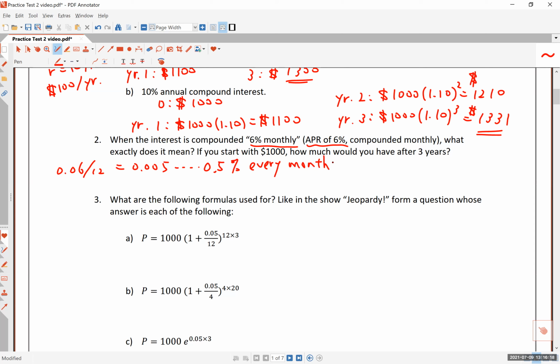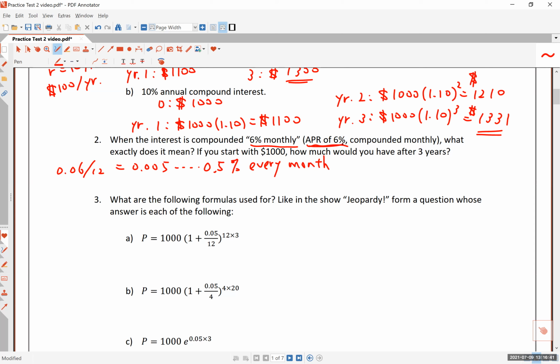So that's why they call the 6% the APR, the annual percentage rate. But really, because of the exponential nature of growth, as I mentioned in class, an APR of 6% is not equal to the annual percentage yield of 6%. It's going to be more than 6%.